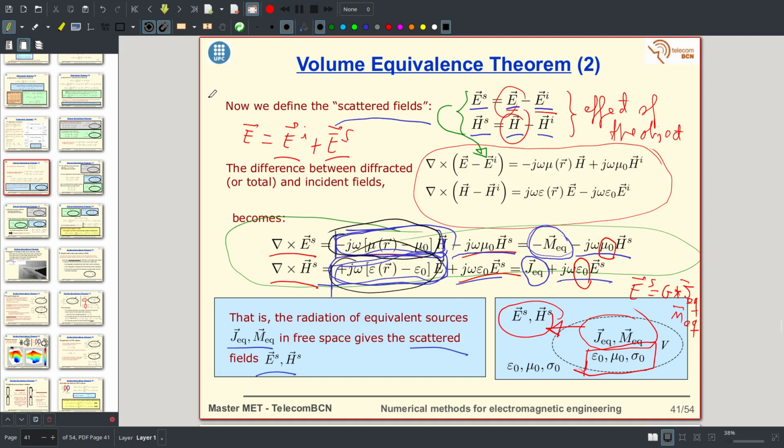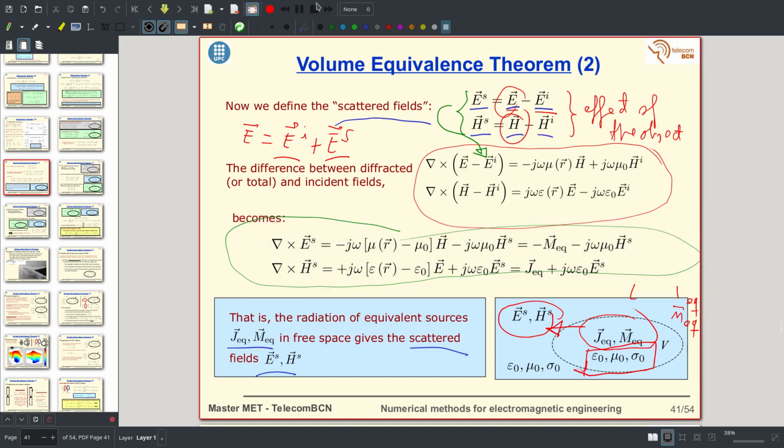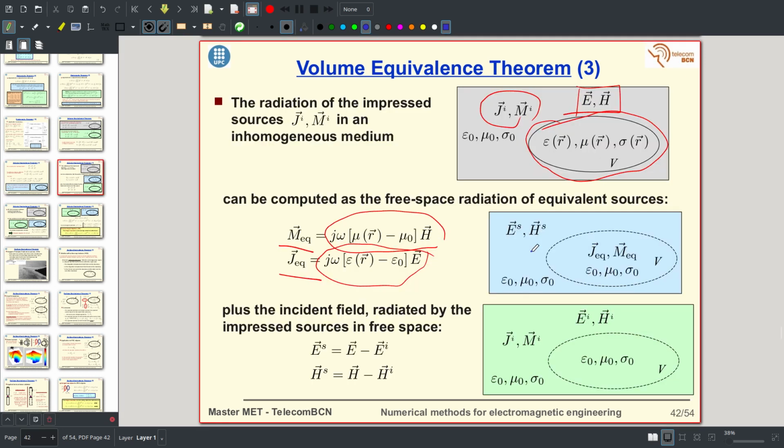Remember that the definition that we have made for the equivalent currents comes from these terms that we got here, and we made this term equal to some equivalent current, okay? So this is the definition of the equivalent current. These equivalent currents here produce the scatter fields in free space, very important.